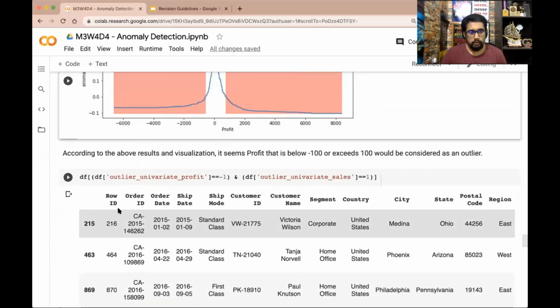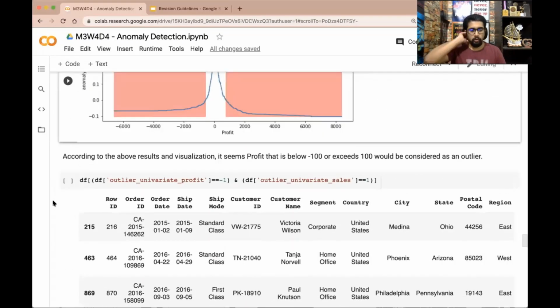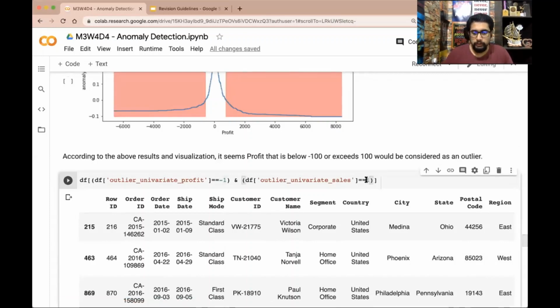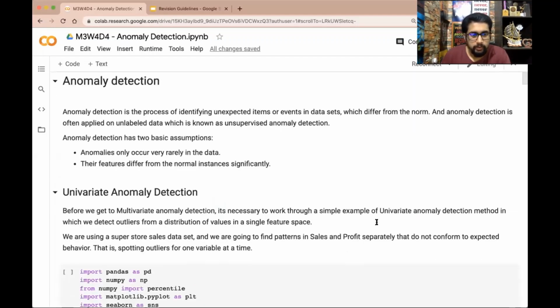So let's see which variables are considered anomalies by both the algorithms, right? You can do some analysis. Let me just run this kernel.